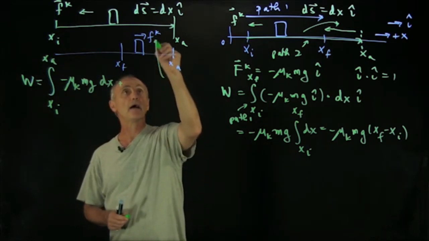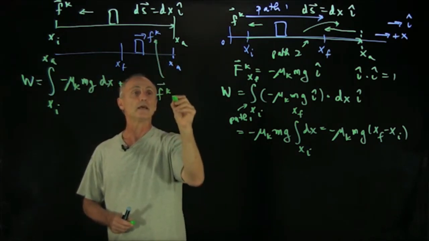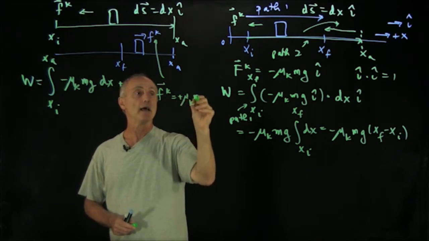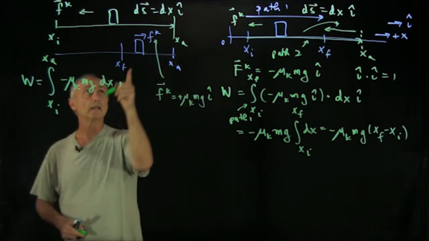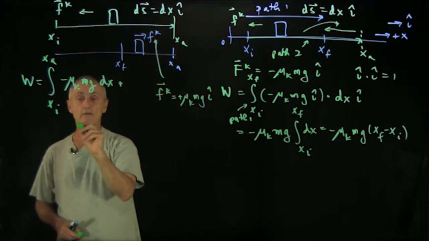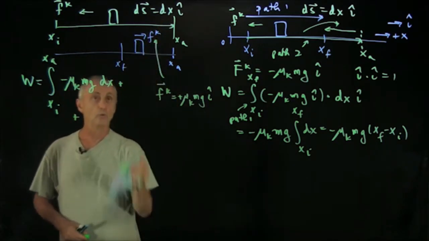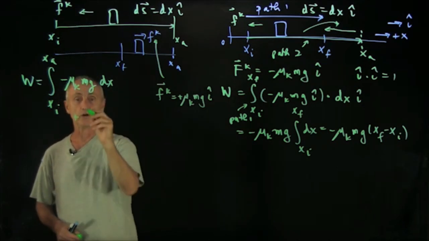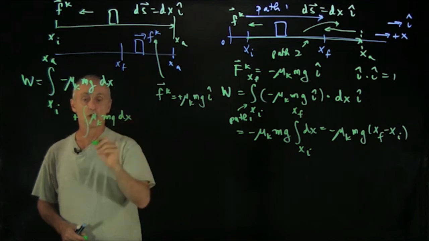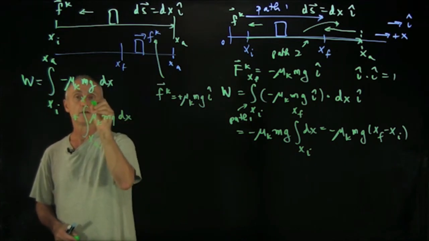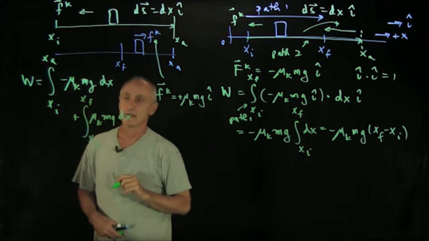Notice on this path, fk is plus mu k mg I hat. And so when we dot it into dx, we have a plus sign. We'll just continue that integration here of mu k mg dx from xa to x final.